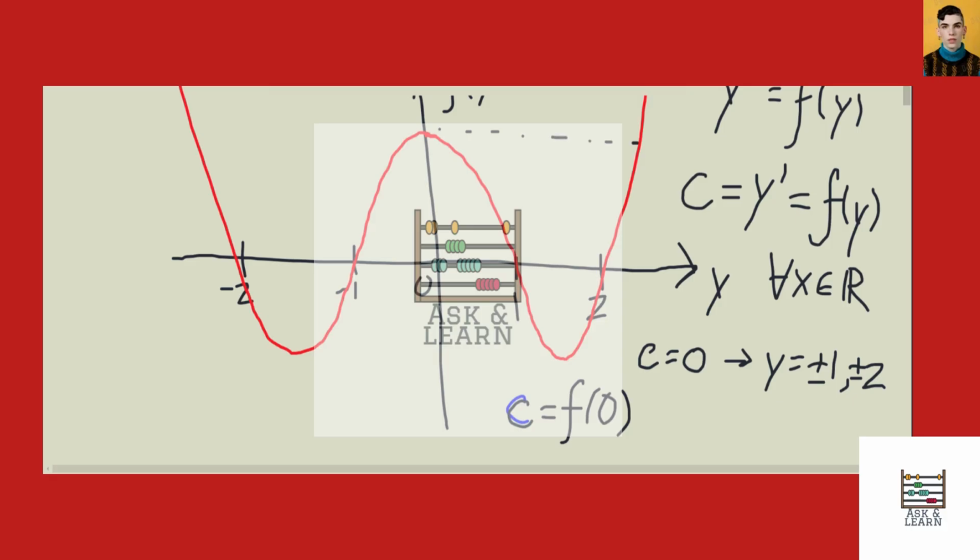And there are a few different points which have the same value as f of 0, one of which is greater than 2, and one of which is less than -2.